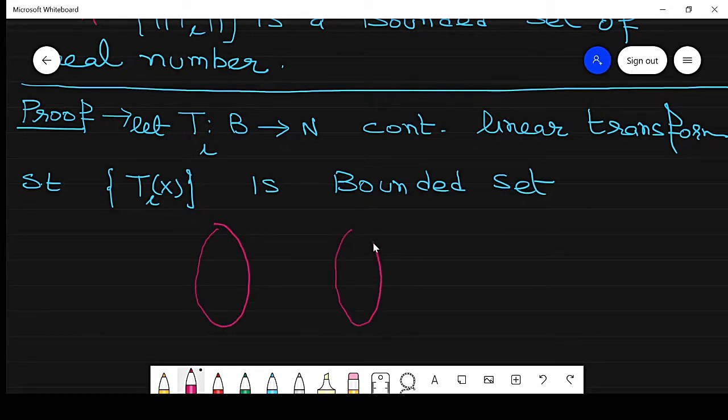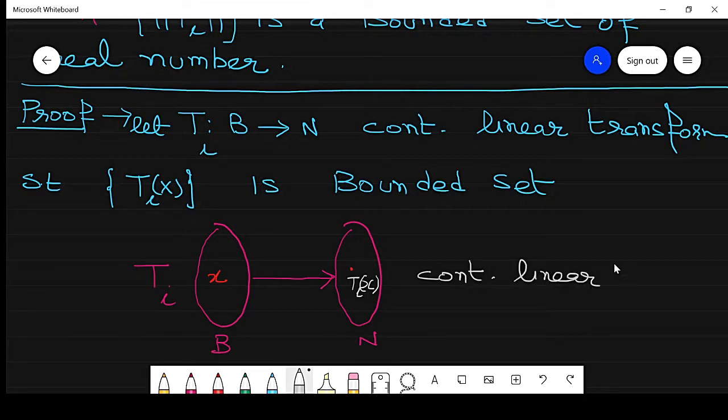First, geometrically understand the concept. If this is a set B and this is N, then Ti is the linear transformation from B to N. If this is a point X, then this point is Ti of X. Remember that the member of N is Ti of X. It is a continuous linear transformation, number 1.